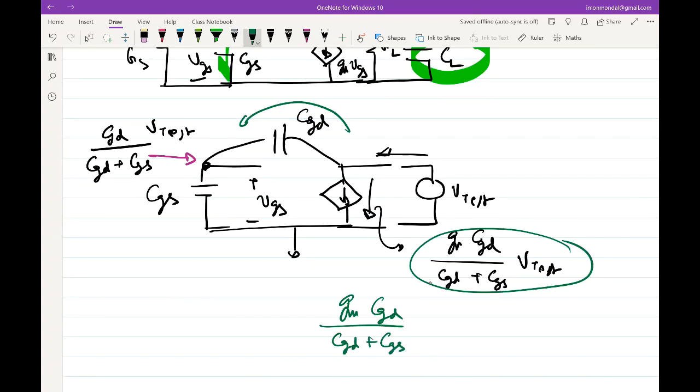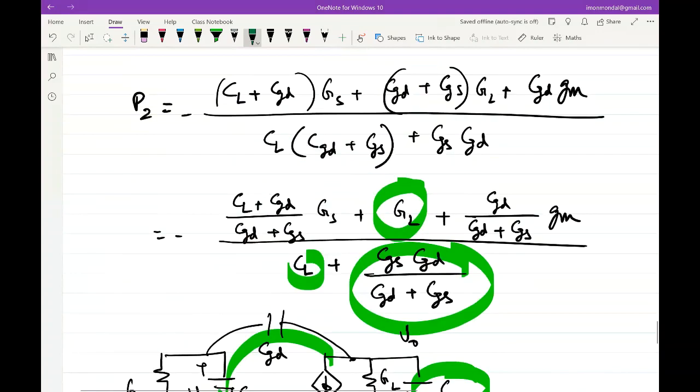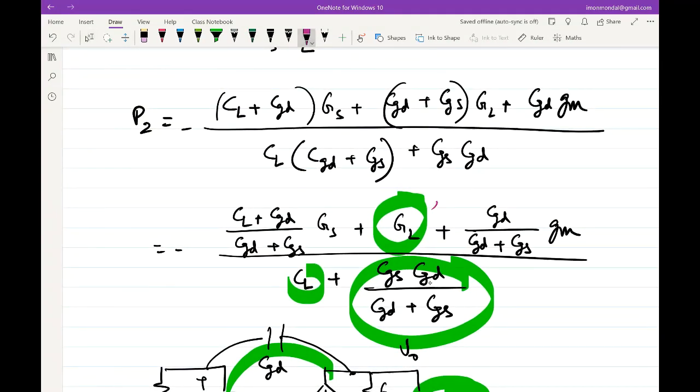And if you have a GL, then you get plus GL. So this is what you see here. You get one GL and you get another term, right?